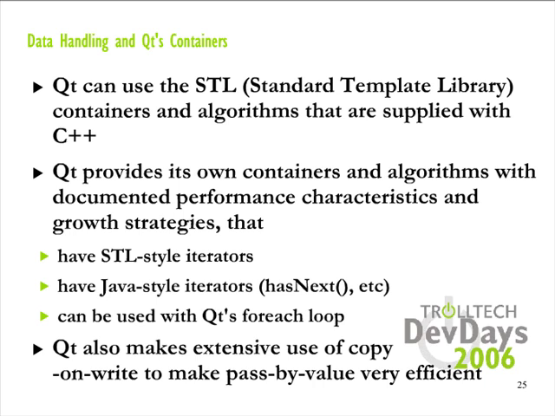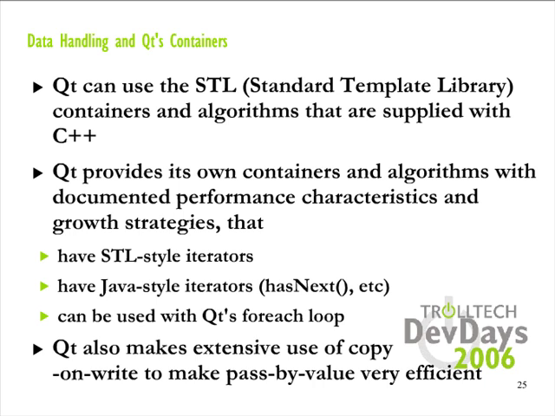The other thing to bear in mind about Qt, not just about things like QString or QtXml, for storing strings and images, but also all of the containers like QMap, like QList, like QVector, is they use copy on write. So passing by value is very cheap in Qt.